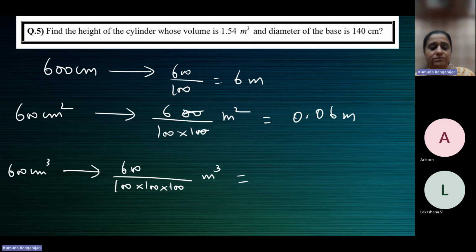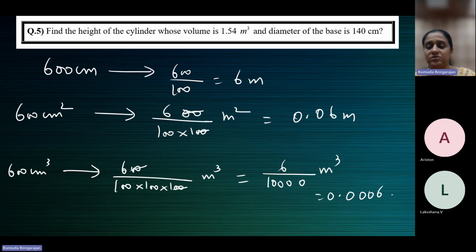And here the answer will be, 2 zeros and 2 zeros get cancelled. So we have 6 by 10,000 meter cubed. Shift the decimal point.